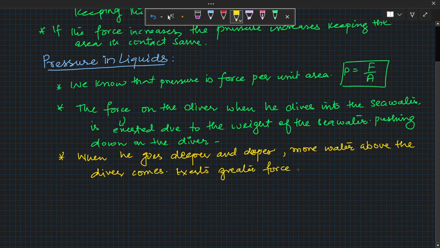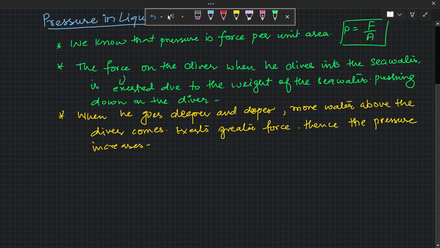Exerts greater force. Hence, the pressure increases.